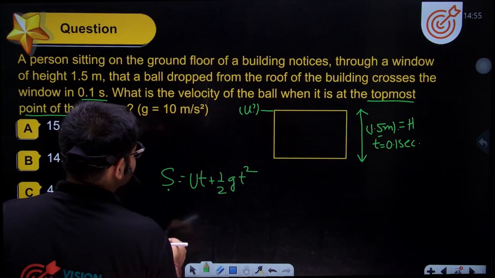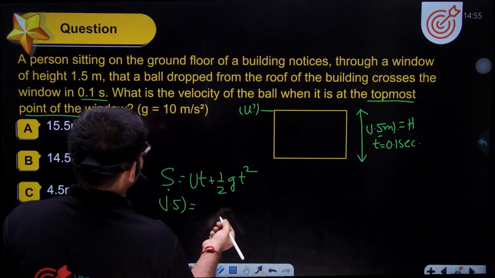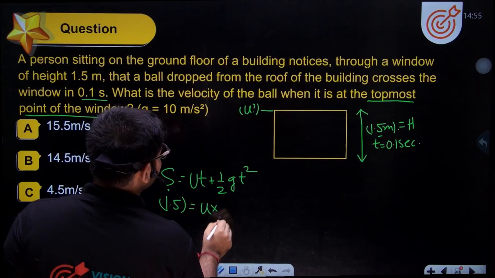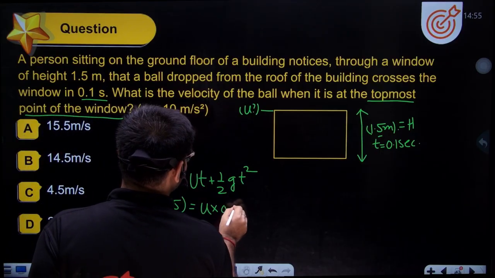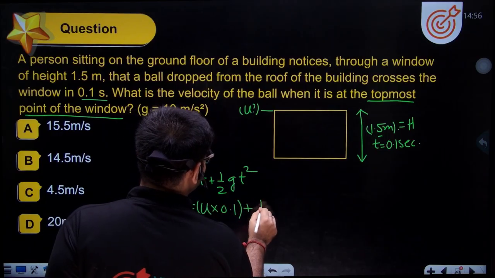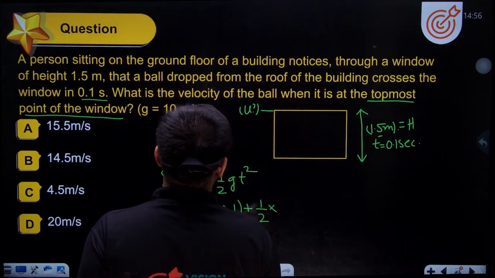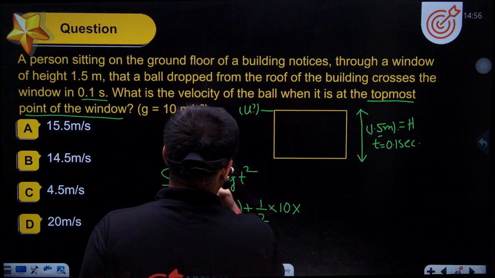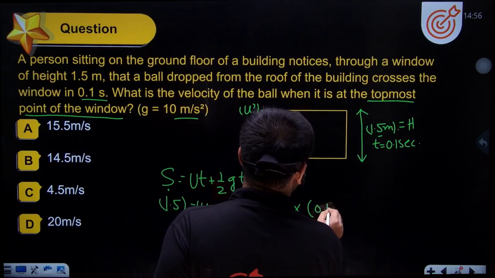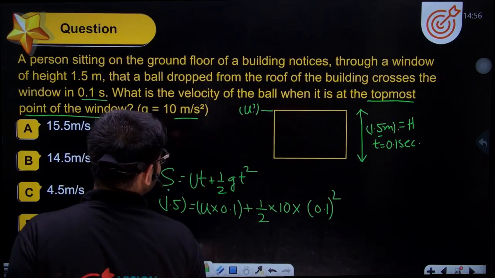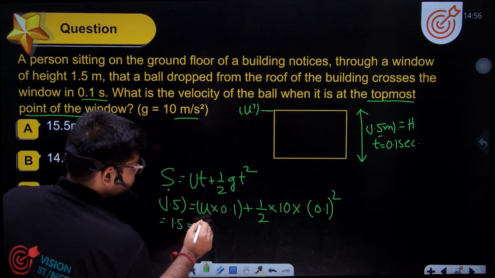So 1.5 equals u, which I have to find, times the time, 0.1, since it crosses the window in 0.1, plus half g t square, where g is given, take the value of g to be 10, and t square is 0.1 squared.